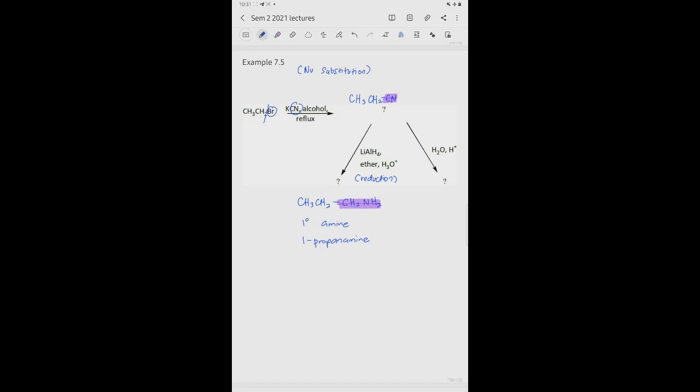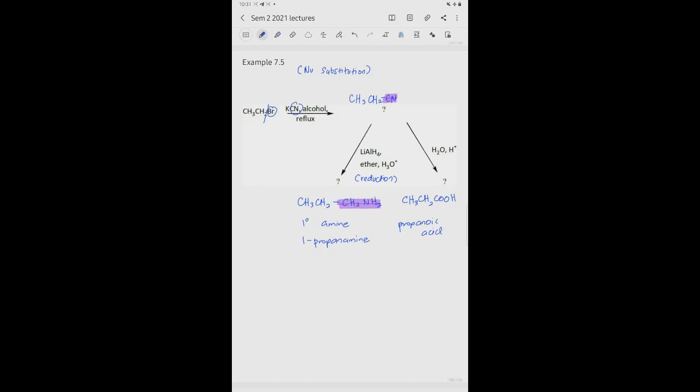So the CN will directly change to COOH. It means it will produce a carboxylic acid, which is called propanoic acid.